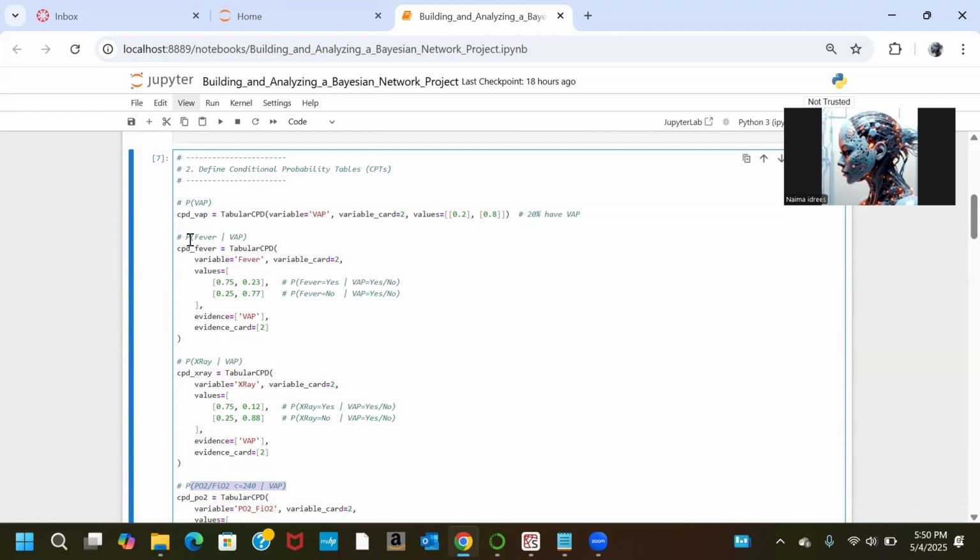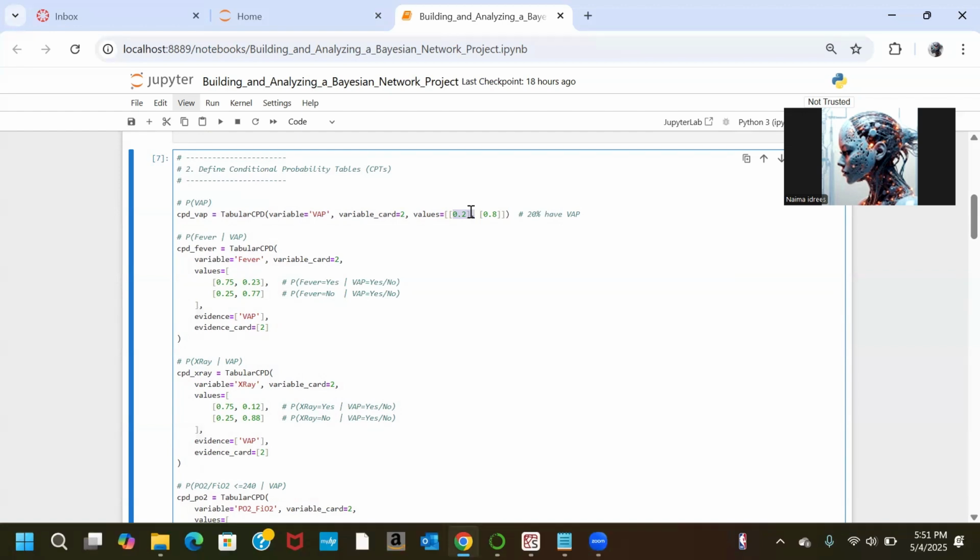Here we have defined that there is a 20% chance that the patient has ventilator-associated pneumonia, which will be one, and an 80% chance that the patient does not, which is zero.